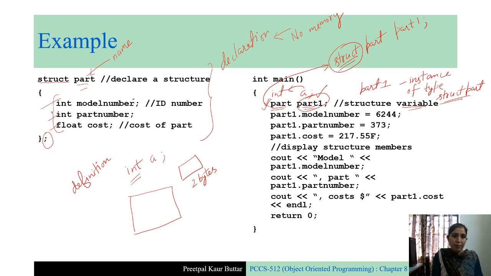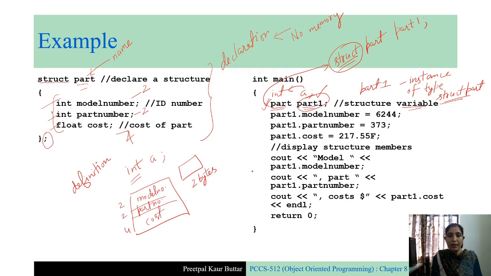If an integer occupies 2 bytes, and suppose a float occupies 4 bytes, then a total of 8 bytes of memory will be occupied: 2 bytes for the integer model number, 2 bytes for part number, and 4 bytes for cost. So this much memory will be allocated and we can access this memory using this variable name part1.